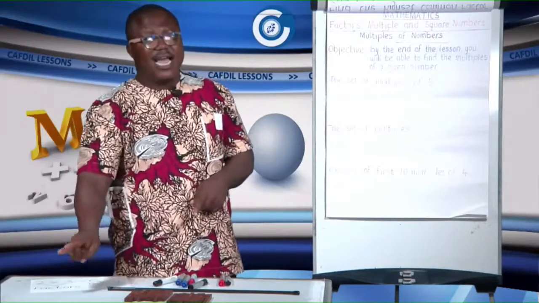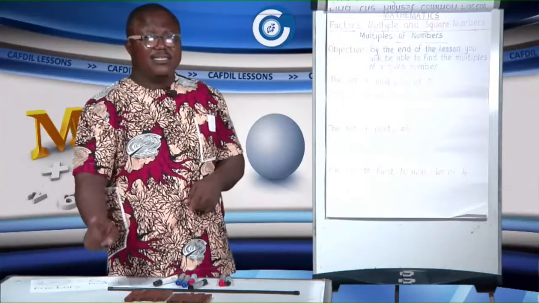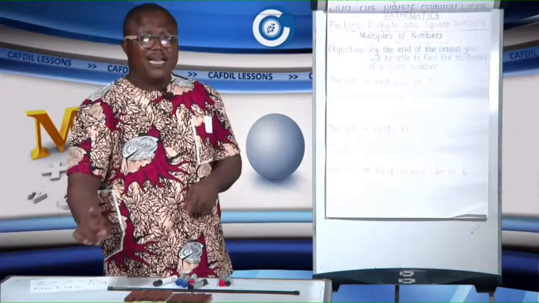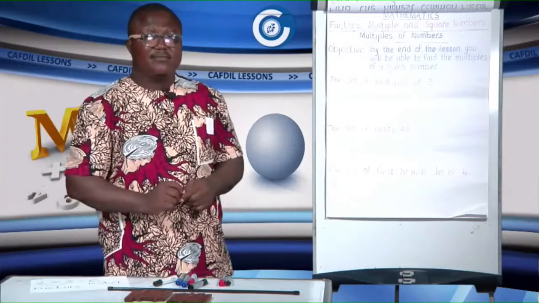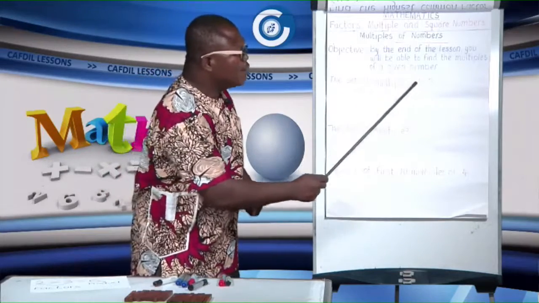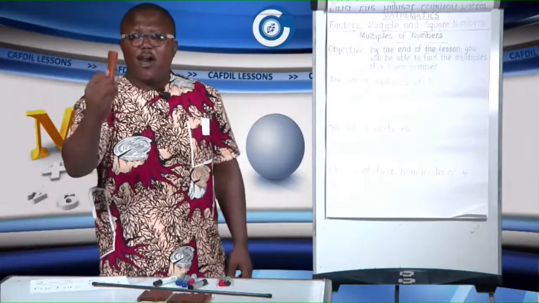I was adding two counters, and you saw the answer I was getting. Now they are saying the set of multiples of 3. So what they are saying is multiples of 3 is repeated addition of 3.